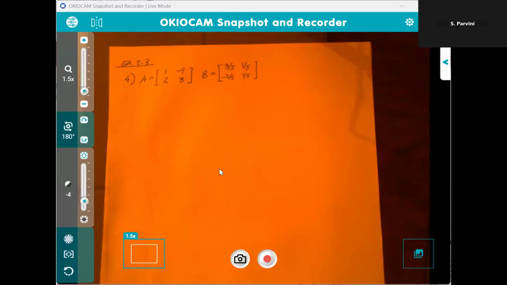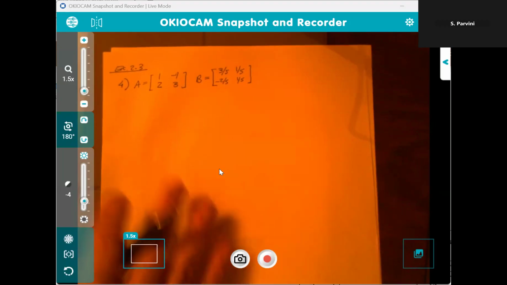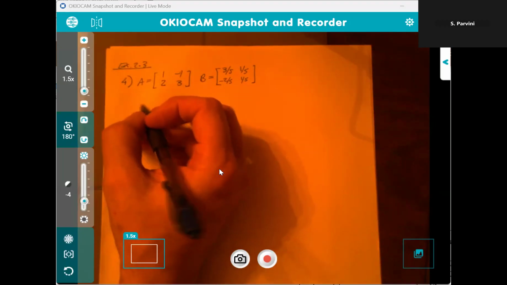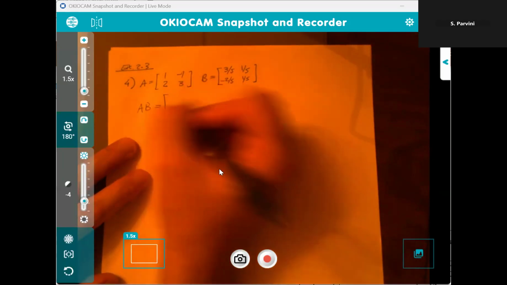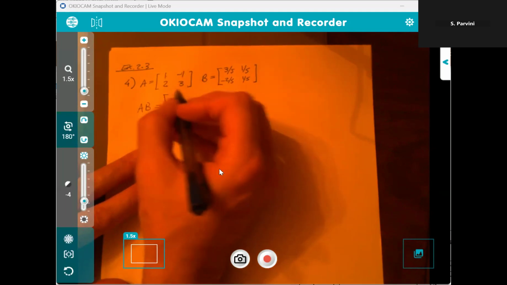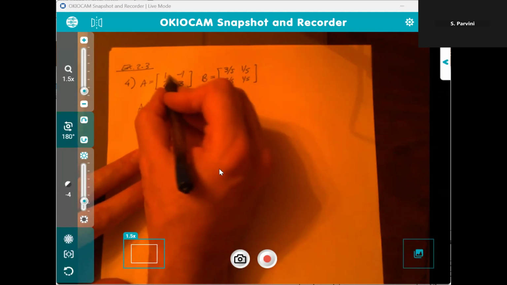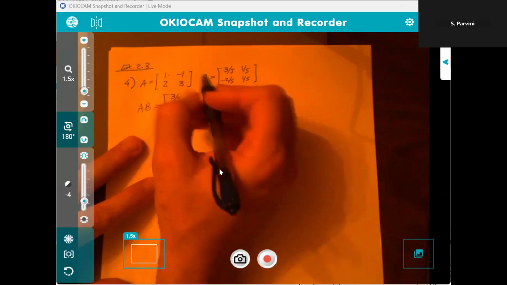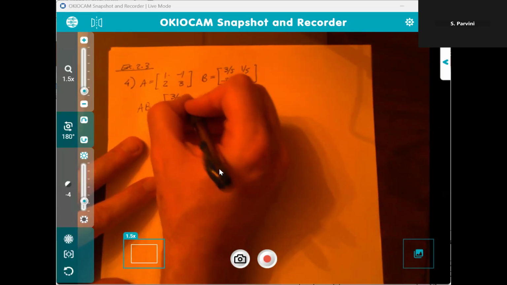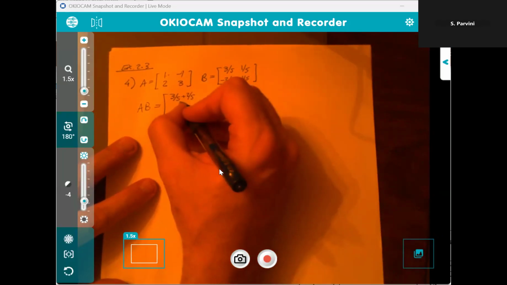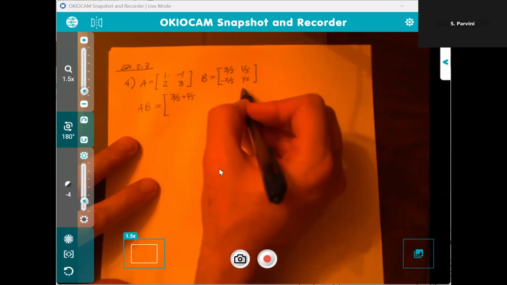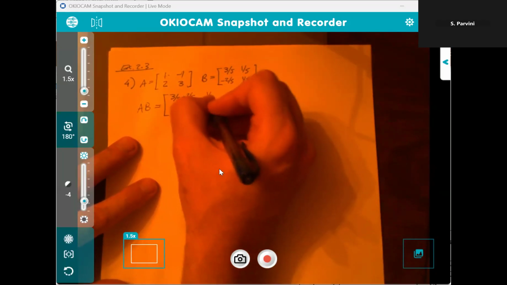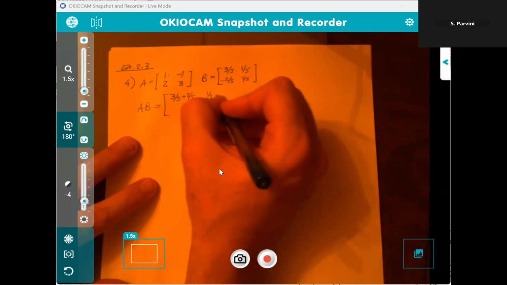Okay, it says show that B is the inverse of A. So that means if I do the product AB, I'm going to get the identity. Remember, it's going to be a 2 by 2. 1 times 3/5 is 3/5. -1 times -2/5 is plus 2/5. That's first row, first column. Then first row, second column: 1 times 1/5 is 1/5, and -1 times 1/5 is -1/5.